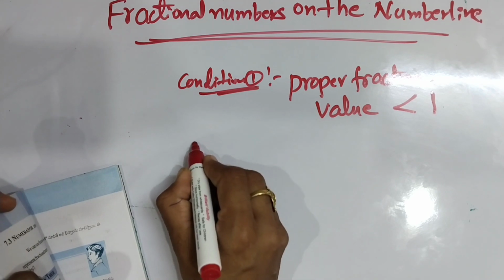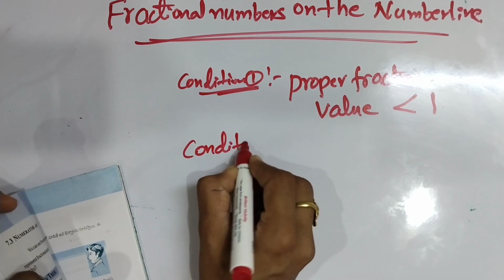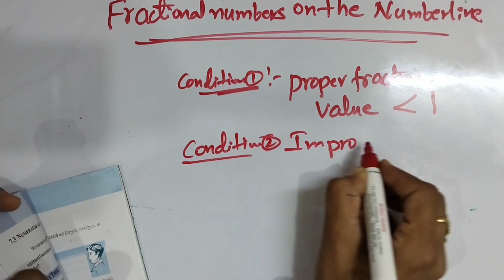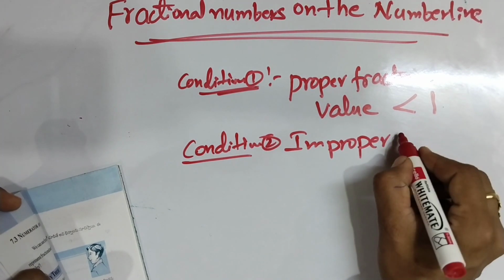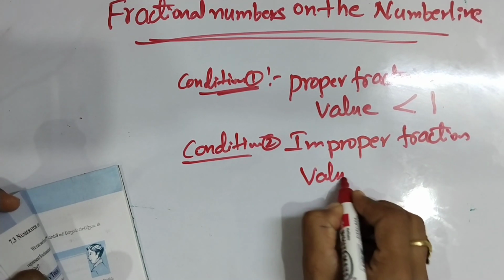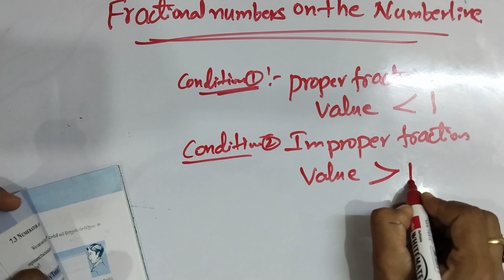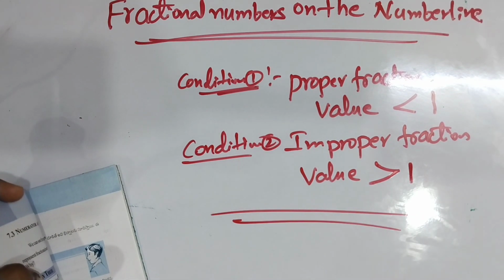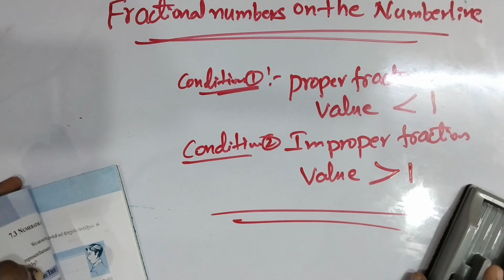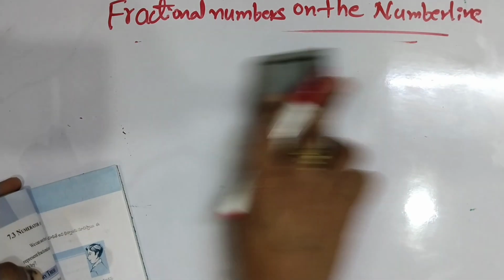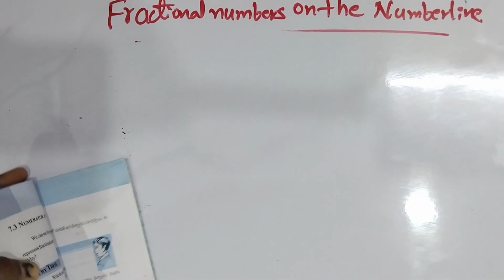And condition 2 is: an improper fraction value is greater than 1. These are most important for the topic of fractional numbers on the number line. You have to remember them.